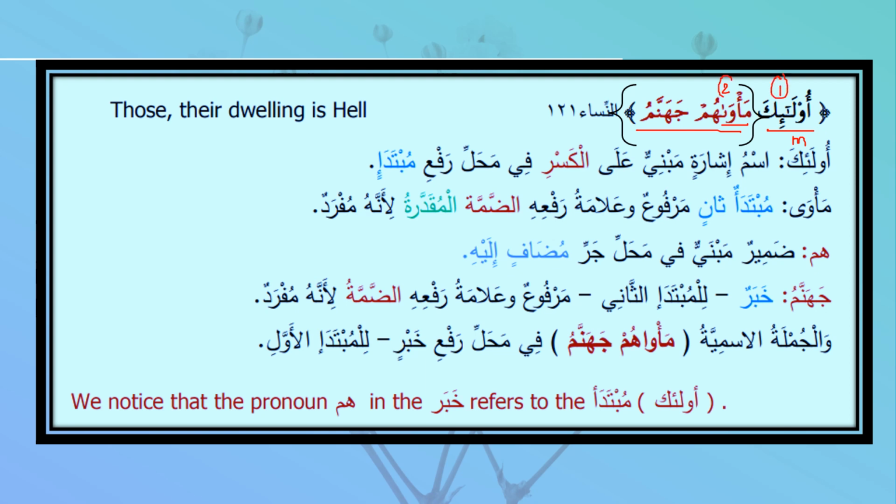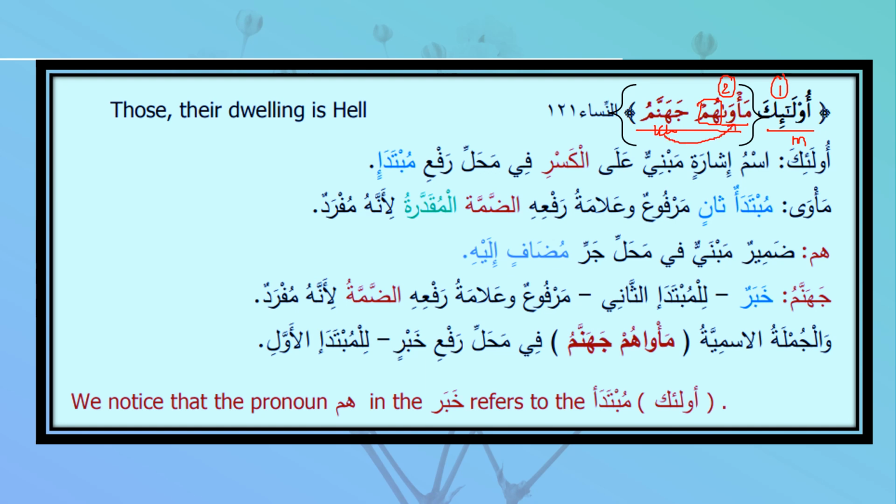This is our second mubtada. It's the same kind of i'rab. Ma'wahum, and you can see the damir attached, so it's with the noun, it's in the mudaf ilayh position, making an idafa. Jahannam is the khabar for whom? This is khabar for the mawa.